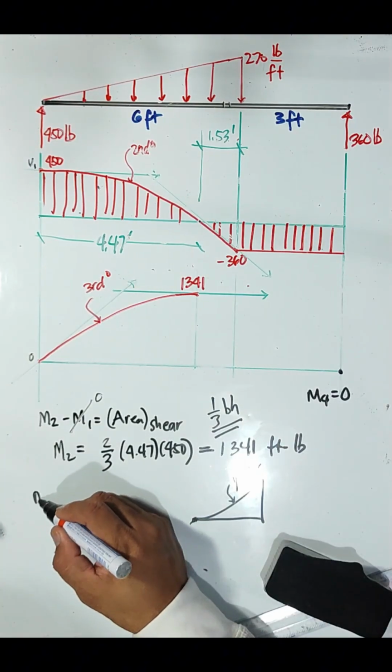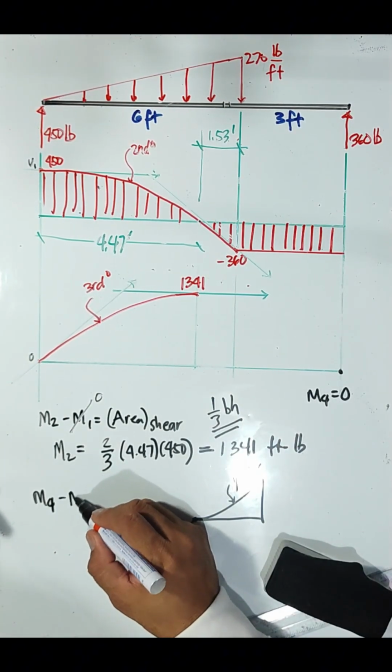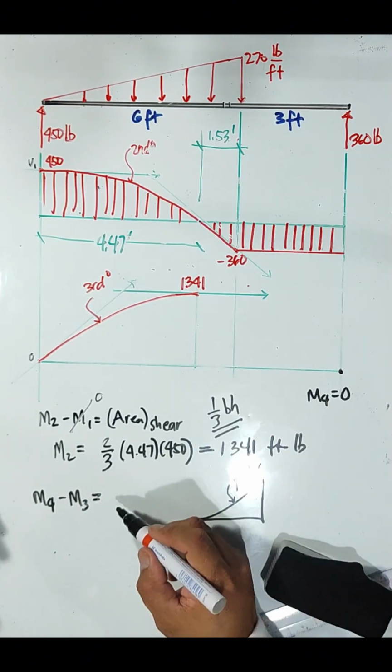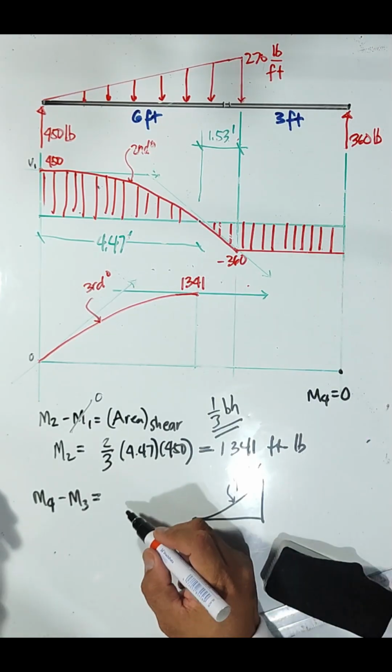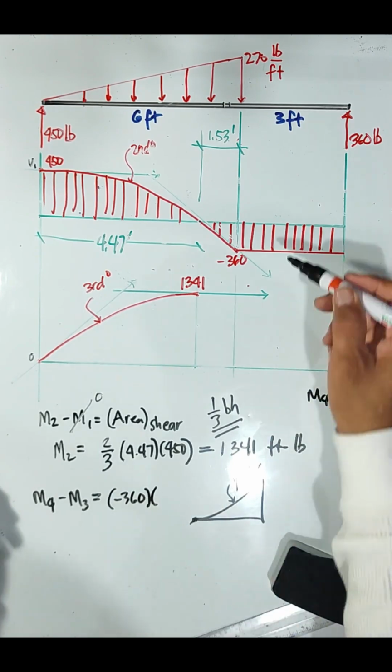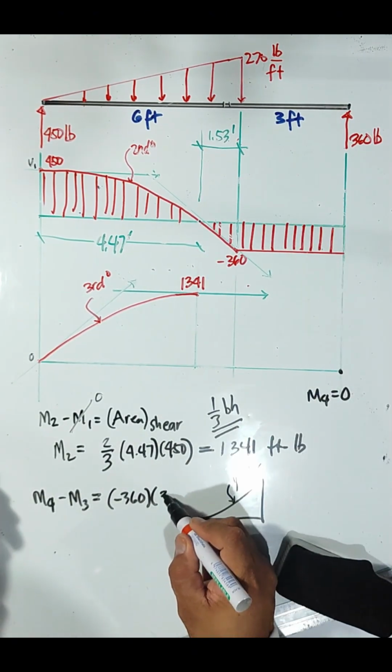So that means M4 minus M3 equals this area here, which is just the area of a rectangle. That's negative 360 times 3.